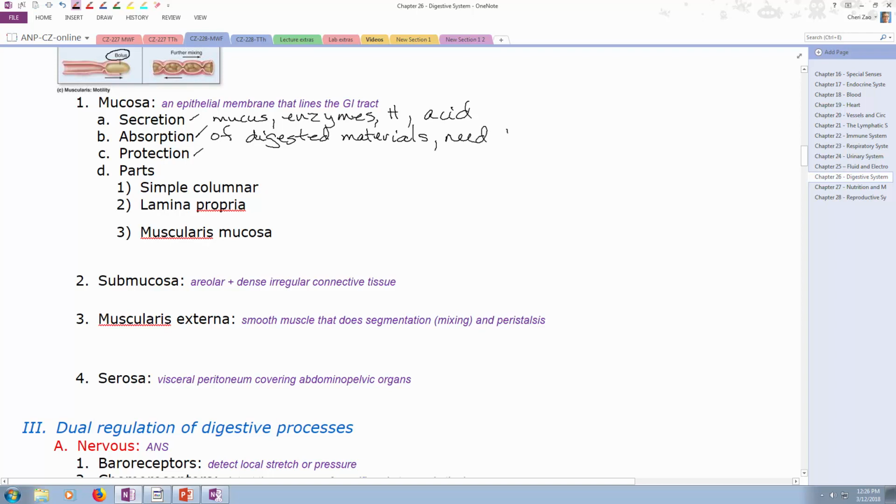Need high surface area in those regions, and then protection against enzymes, other chemicals, even infectious agents.